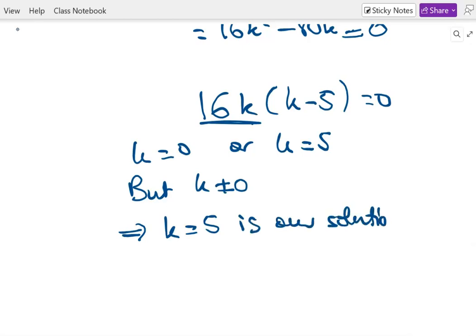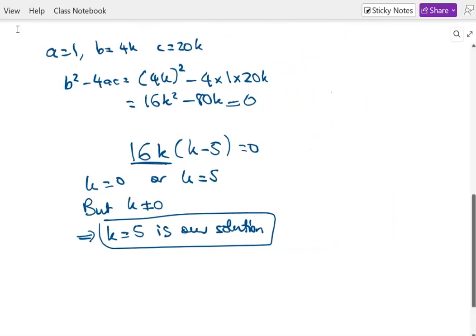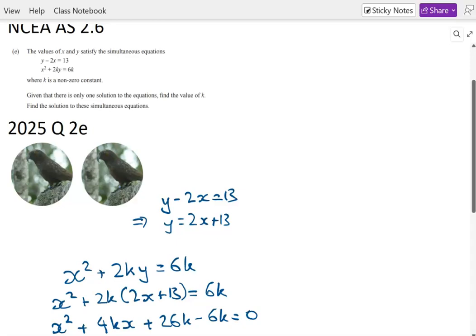Now we need to go back to the question and check what we need to do from here. We definitely should be checking it. Find the solution to these simultaneous equations. So what we have to do now is we should end up with an x value and a y value.